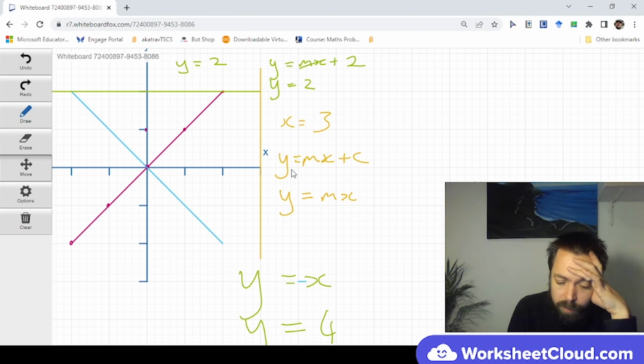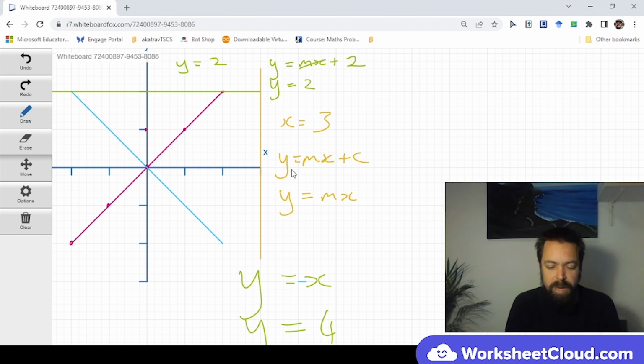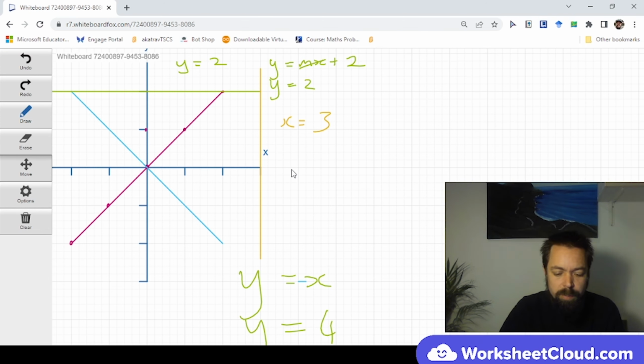And then we're going to say, well, what is the value of x? It's always going to be 3. It wasn't a very good explanation, but x is always 3. And if you put it into the formula, it does work.